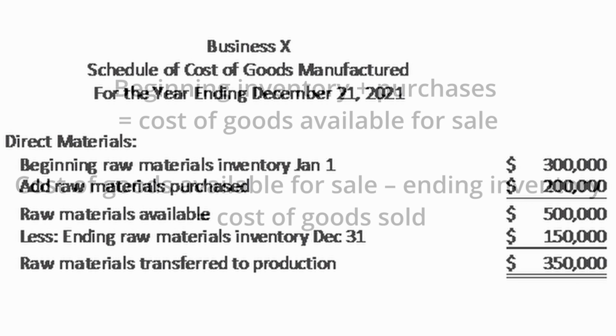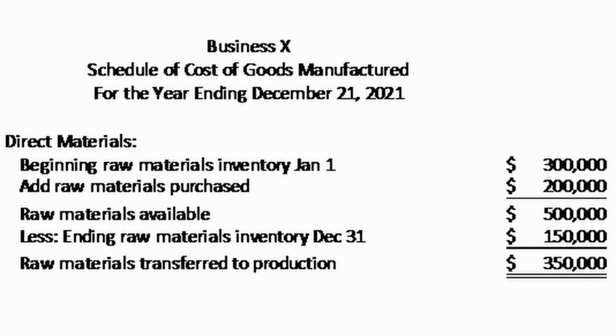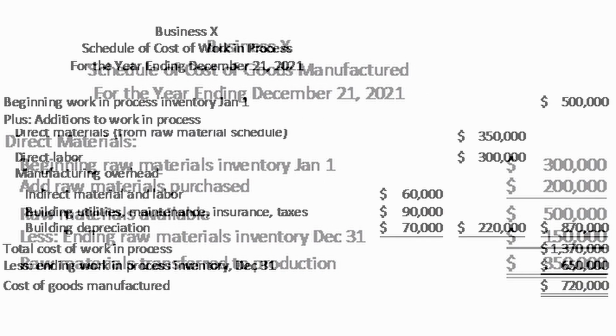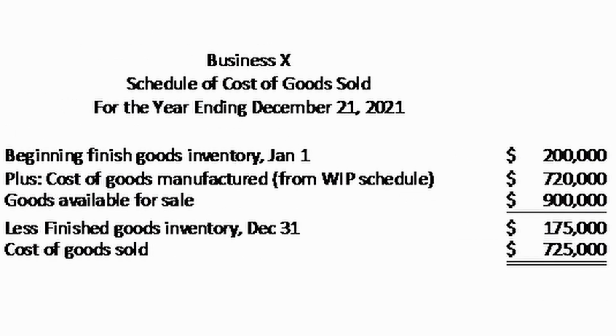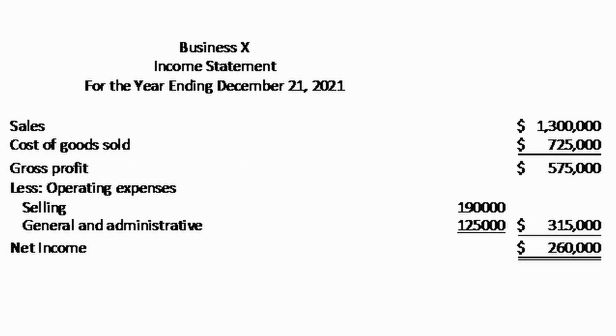As an example, some may then add an additional schedule, combining the schedule of cost of goods manufactured and the schedule of work in process, or they may simply go on to the schedule of cost of goods sold. These schedules are typically created for internal use, and only the income statement is shared. The information that is transferred onto the income statement looks like this.